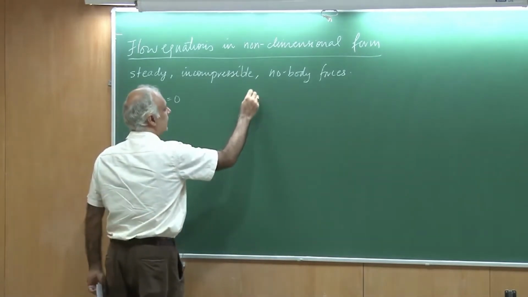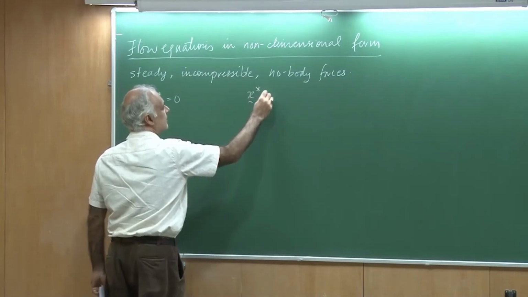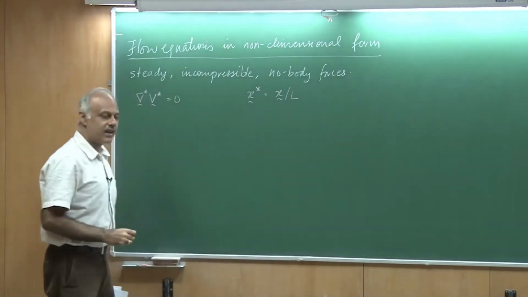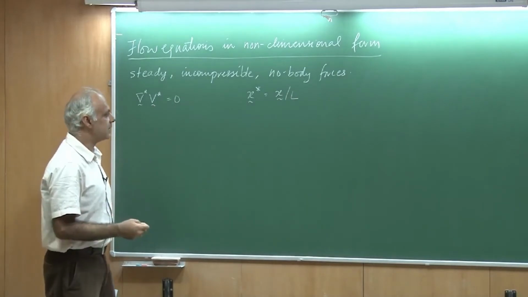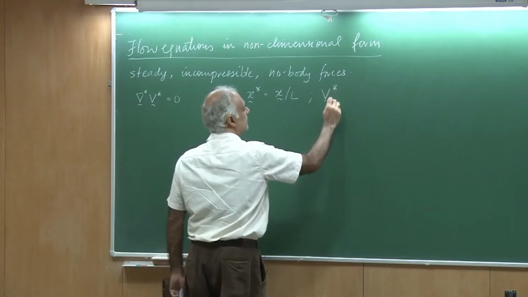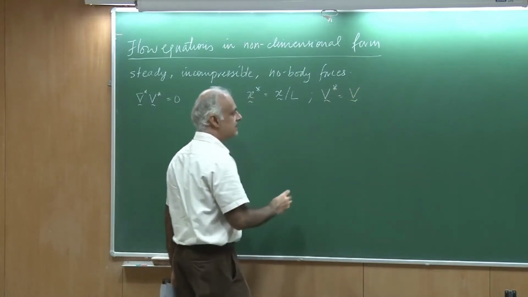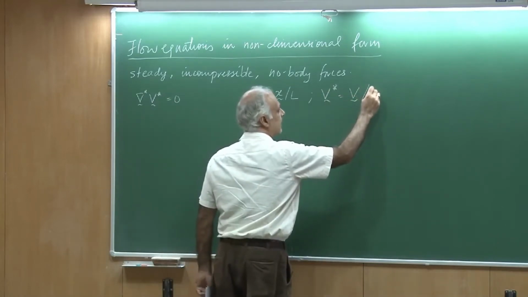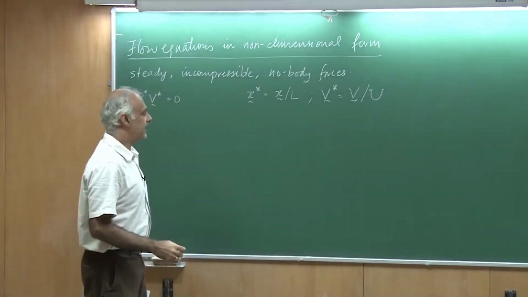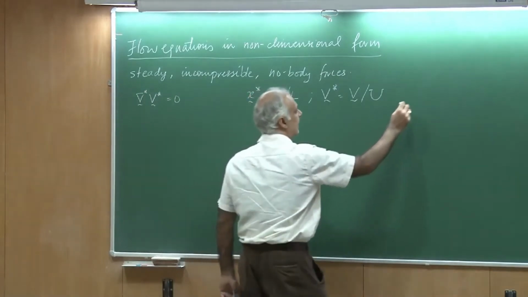So we had defined that x star is given as x divided by L, where L is the characteristic length, and we had also mentioned that V star is the dimensional velocity divided by a characteristic speed. And the example that I gave you is of an aircraft.